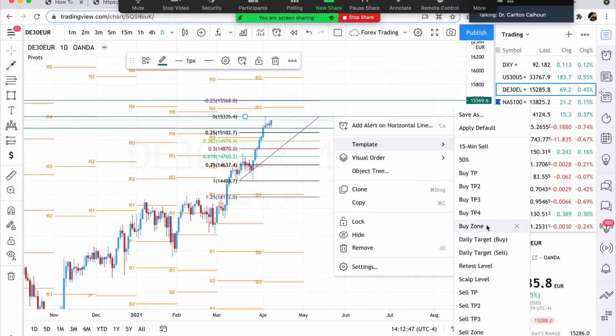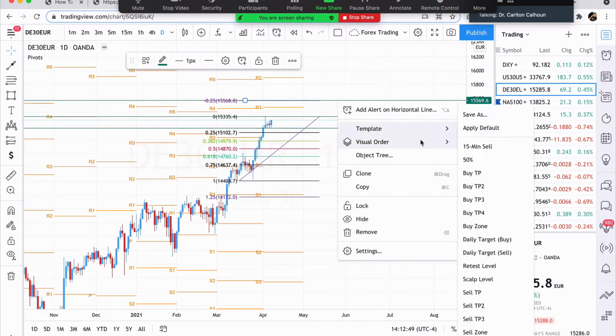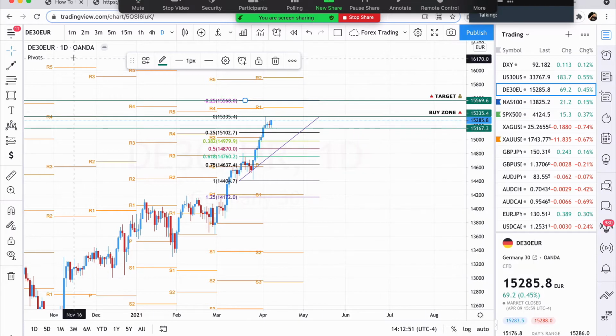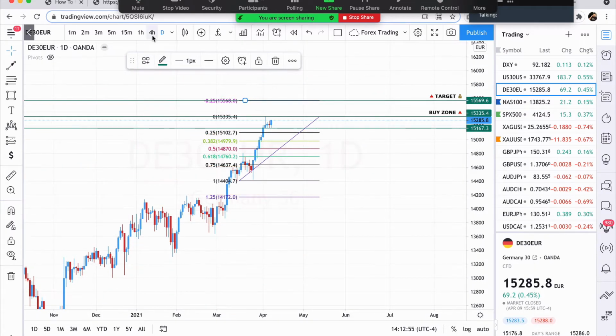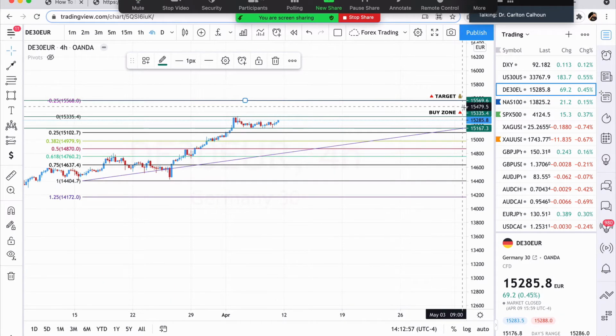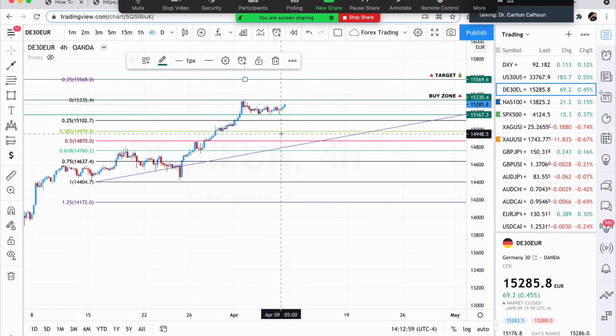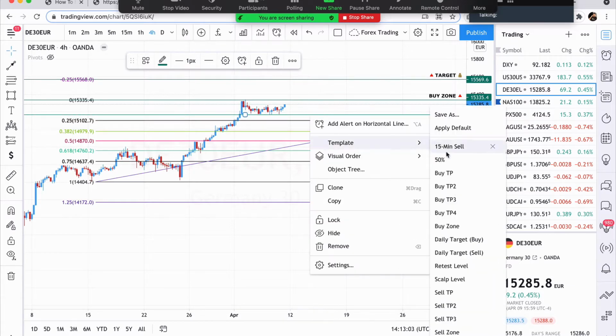New buy zone. New target. This is on the daily. Let's drop to the 4. Perfect. This will be a sell zone.